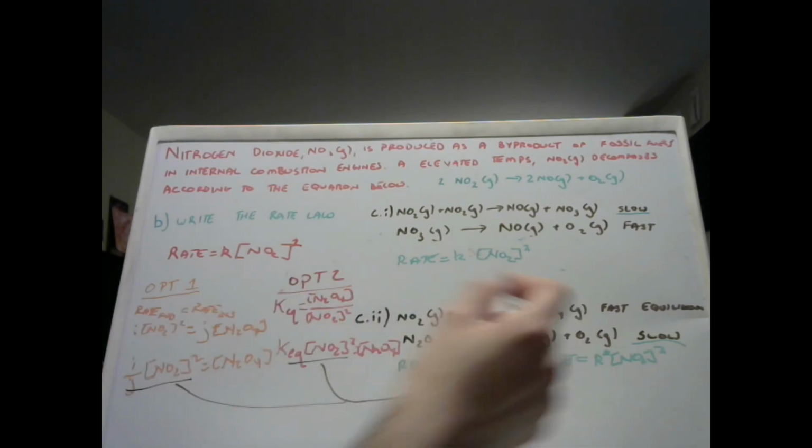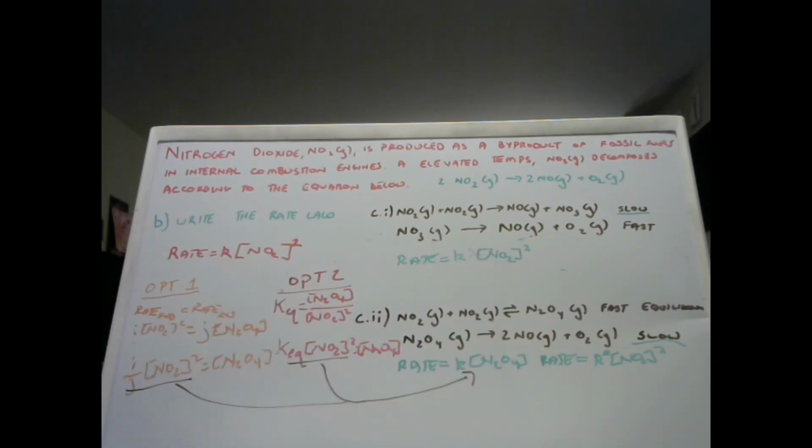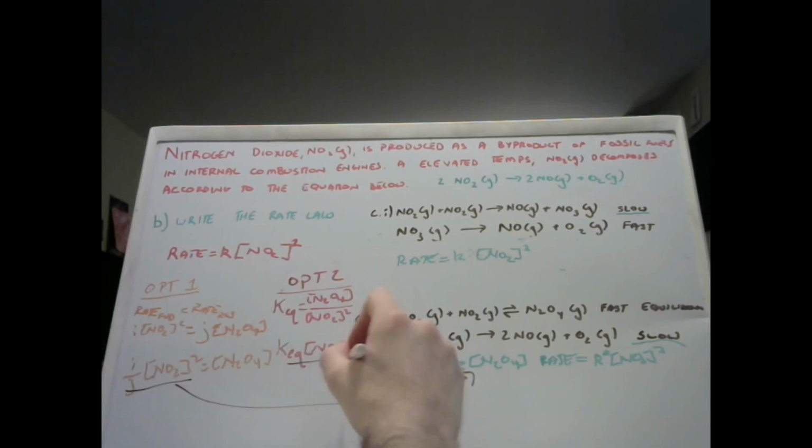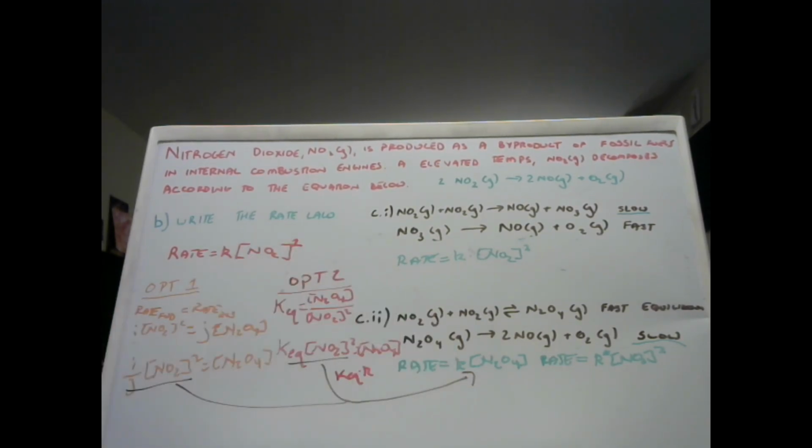Notice how I have k star. This is because in the first case with the red, I'd have Keq times k, and with the orange, I'd have k times i over j. In either case, you have a bunch of numbers multiplied together.